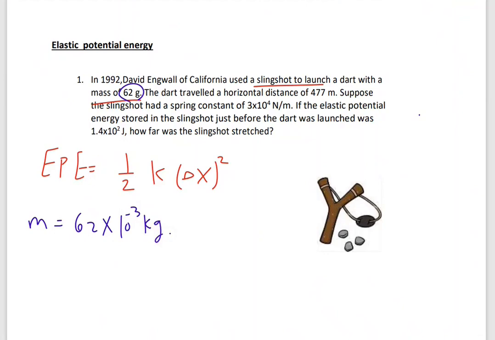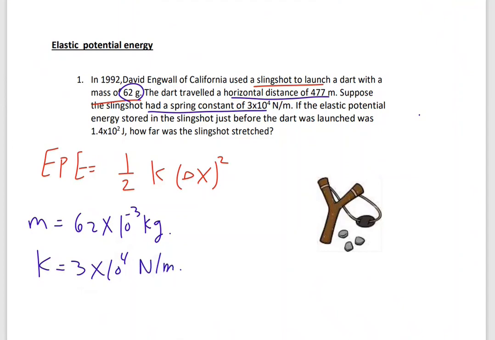The dart traveled a horizontal distance 477. This is not the distance the slingshot was stretched, it's just the distance traveled. So suppose the slingshot had a spring constant k of 3 times 10 to the power 4 newton per meter.